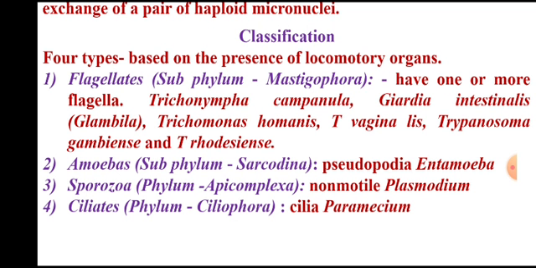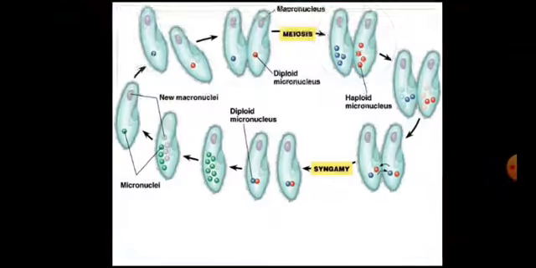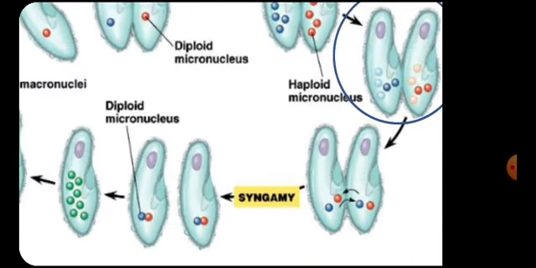The example is Plasmodium. Then the fourth class is ciliates. Phylum Ciliophora. As the name indicates, the protozoa classified under this class are motile by means of cilia. The example of this class is Paramecium. So these are the four classes of protozoa.